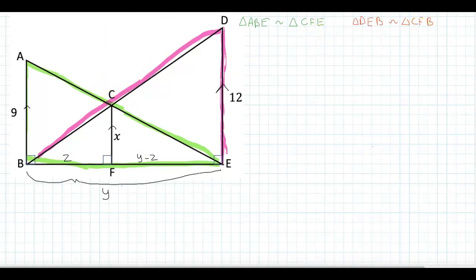Now, what are some things that are true about similar triangles? Well, the corresponding parts are proportional, right? So this big side of this triangle, y, over this smaller side, 9, the long leg over the short leg. So y over 9 is equal to y minus z over x, correct?